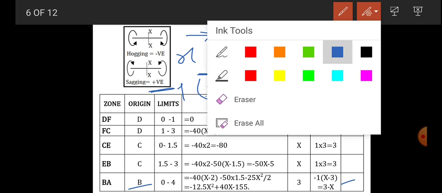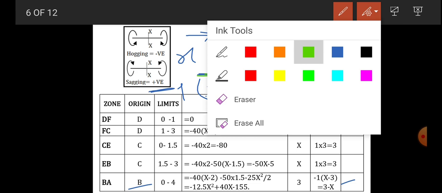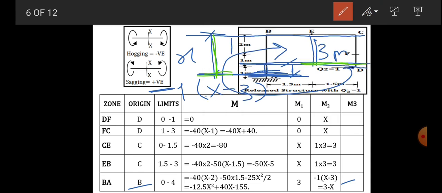Someone may draw this x below the line of action of Q2 equal to 1, and someone may draw it above somewhere here, then also it is okay. If someone draws it here, then only the lever arm will change. The lever arm in that case becomes 3 minus x.